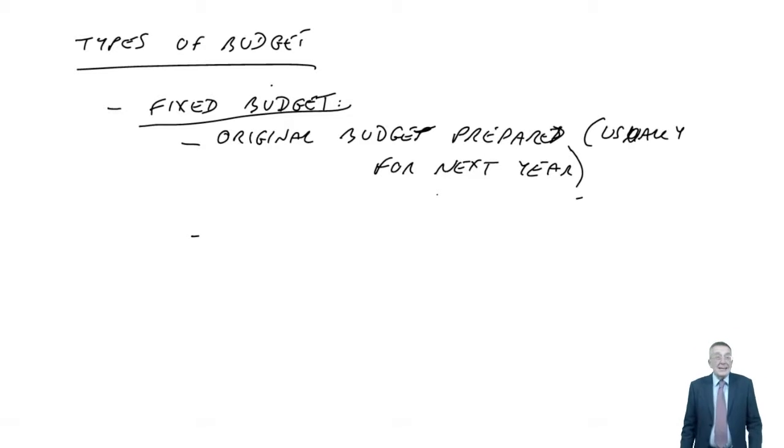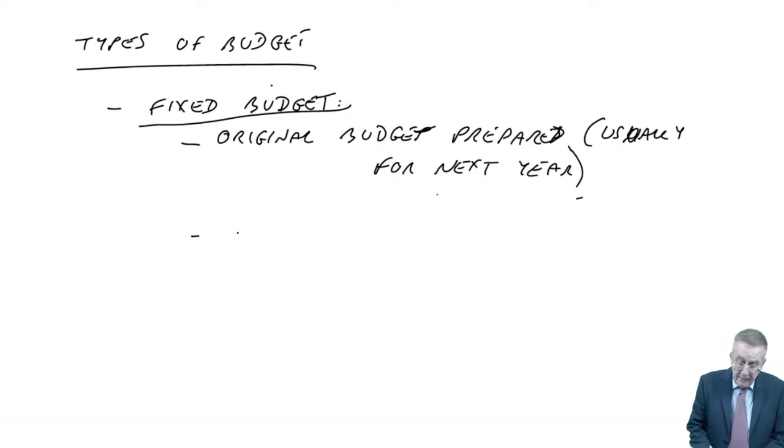You may find you're forced to pay $6 an hour, and the budget immediately becomes out of date. You forecast materials that cost $10 a kilo. The supplier puts the price up. Your budget is wrong. And so there's a big problem that it rapidly goes out of date.